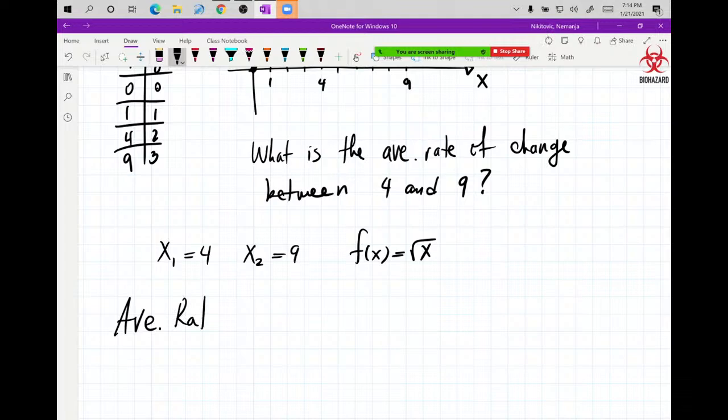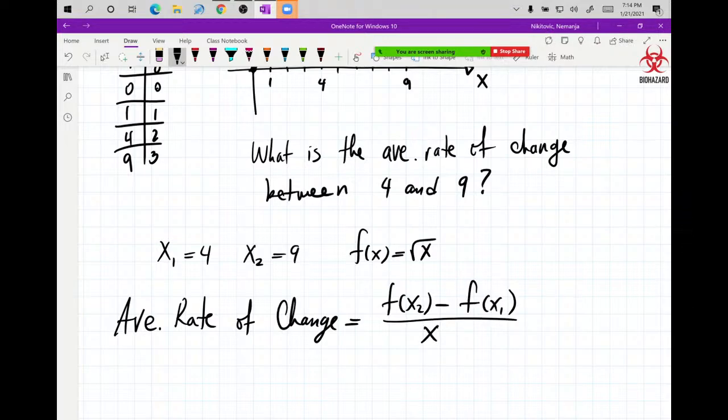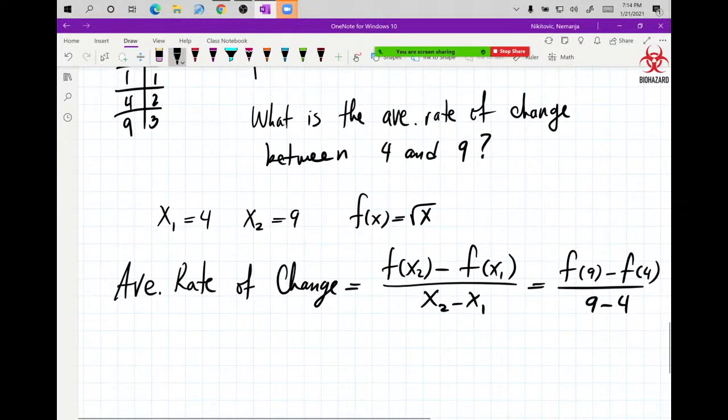Average rate of change is equal to f of x2 minus f of x1 over x2 minus x1. All right, time to plug all of this in. So this is f of 9 minus f of 4 divided by 9 minus 4.